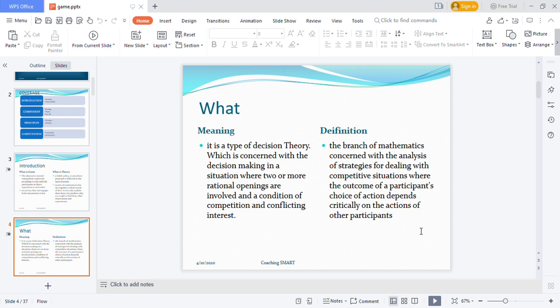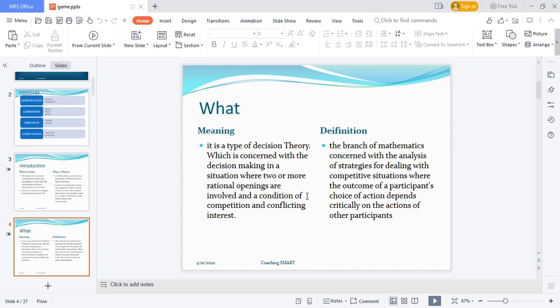When you marry the words, game theory is a type of decision theory which is concerned with decision making in a situation where two or more rational opponents are involved, and conditions of competition and conflicting interest are involved.